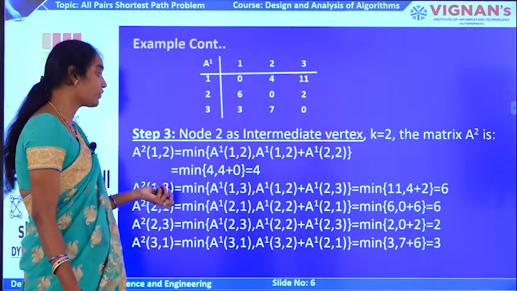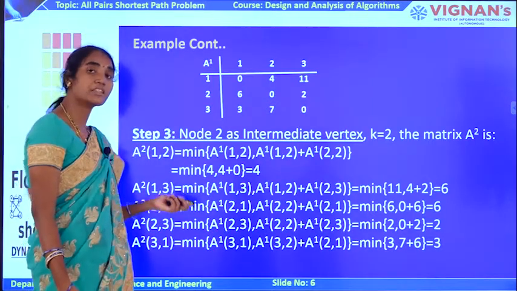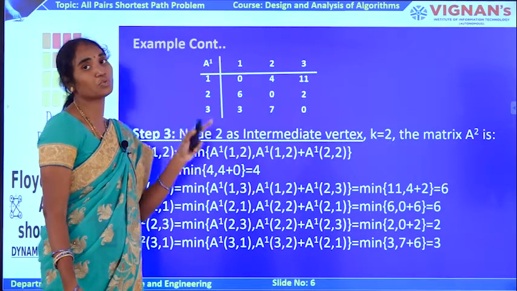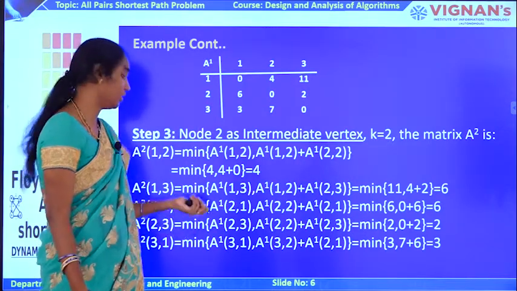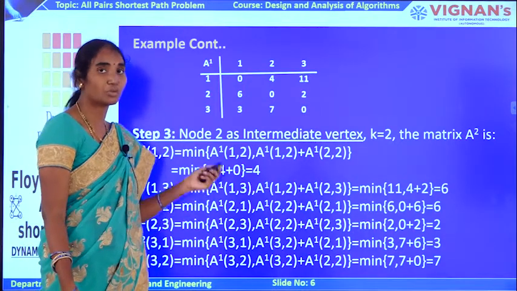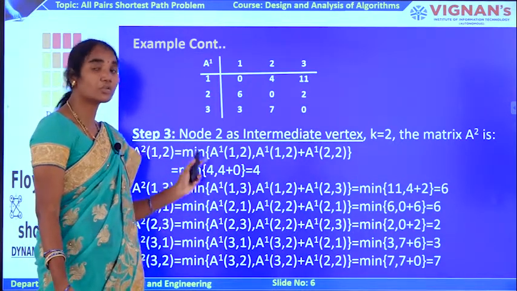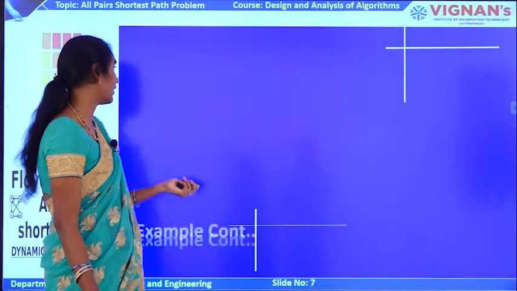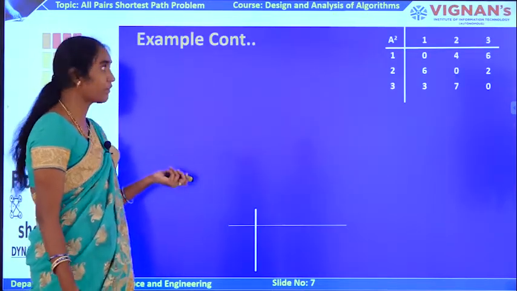Now a2 of 3 comma 1 means again the distance from 3 to 1, or else 3 to 2 plus 2 to 1. Now 3 to 2 means again directly the distance from 3 to 2, or else 3 to 2 and 2 to 2. So now which will be equivalent to 7. So now we will see the next iteration.